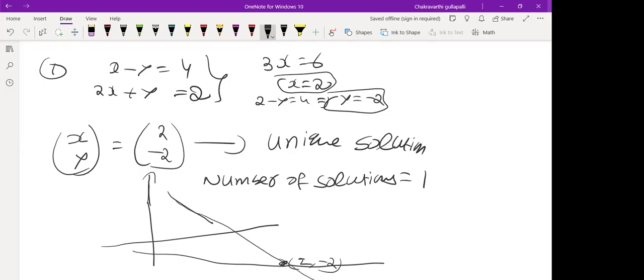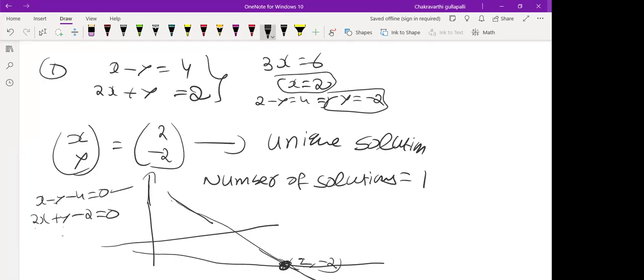Any equation in the form ax plus by plus c equal to 0 is called a straight line. So graphically, this represents one straight line, and this represents another straight line. Both are intersecting at this particular point, 2 comma minus 2.